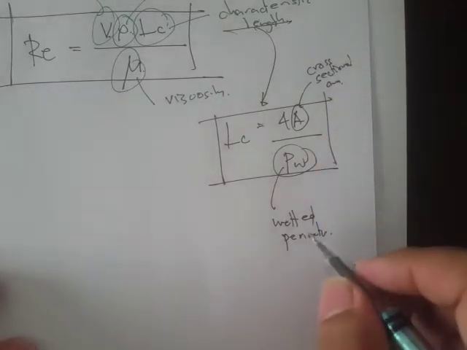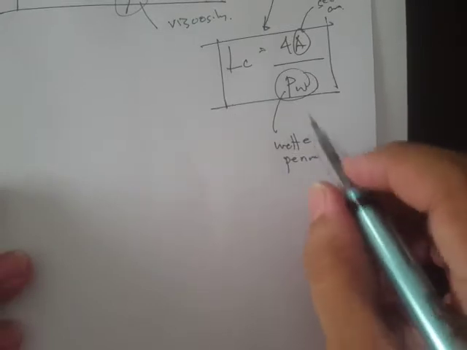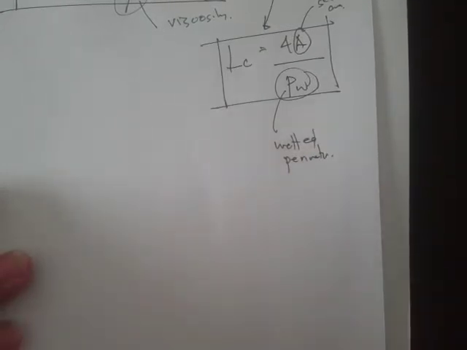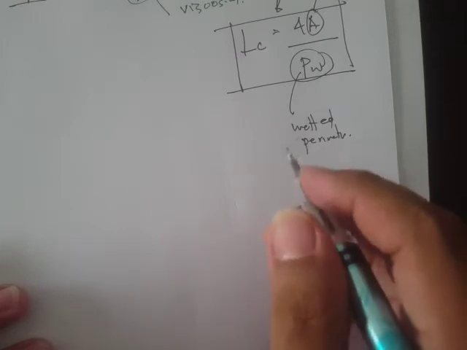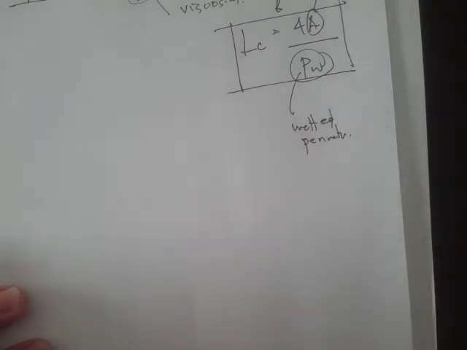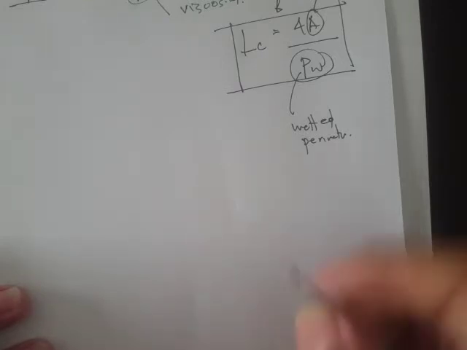The wetted perimeter is the portion of the wall surface, or the portion of the perimeter, that's actually submerged in the fluid.